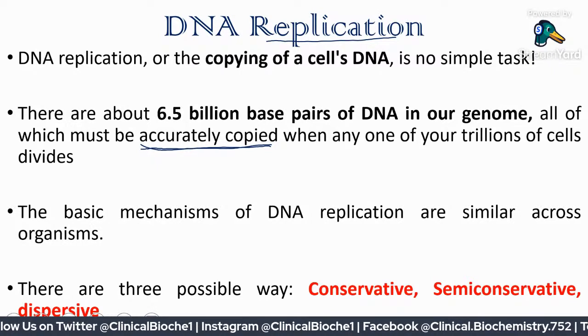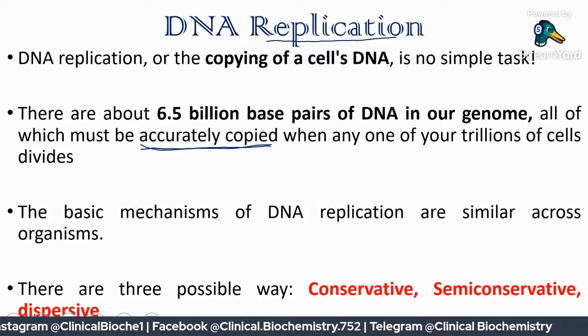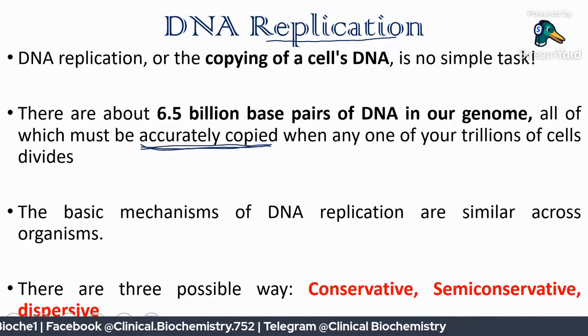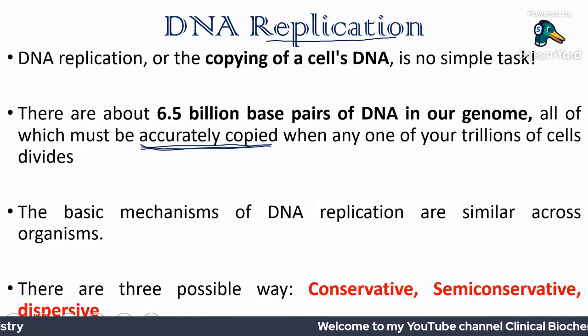So a small mutation can lead to a bigger effect also. That's why we need to copy accurately, and for that we have different kinds of checkpoints where we check whether it is accurately copied or not.